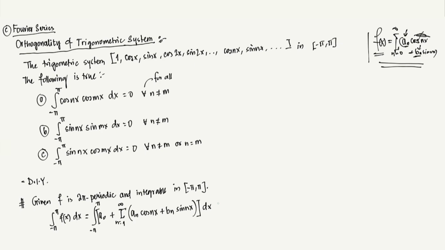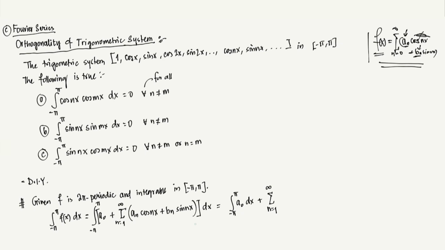Now we can write it, at least in this case, as the integral from -π to π of a0 dx plus the sum. Of course we don't know if we can do something like this, because here there is an infinite series, so we don't know if term-wise integration is allowed or not.